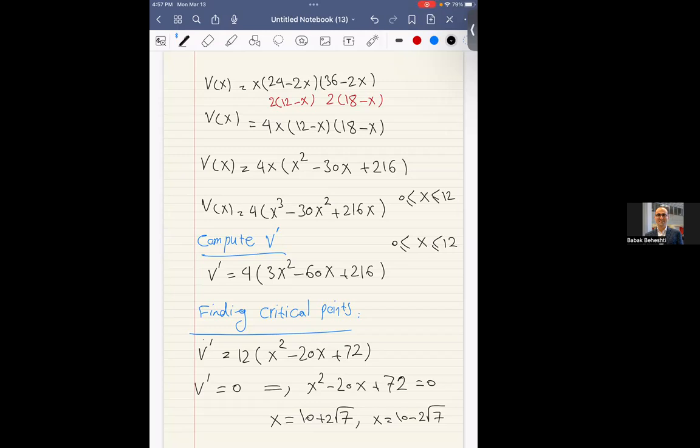But 10 plus 2 root 7 is greater than 12. So we cannot accept this one because we are looking for x between 0 and 12. So this is not acceptable. But this one is acceptable. This is between 0 and 12. What is 10 minus 2 root 7, approximately?